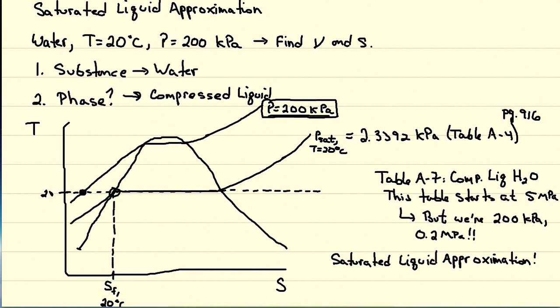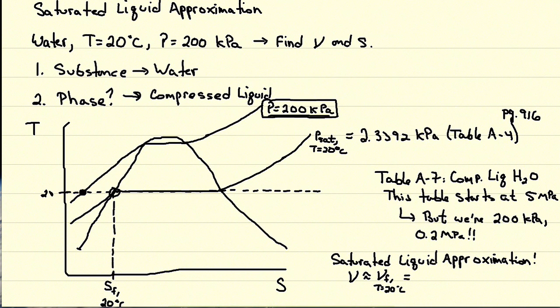And so when we make the saturated liquid approximation, we're saying that v is approximately equal to v sub f at 20 degrees C. Always do it at the substance's temperature, never at its pressure, because your error would be worse.